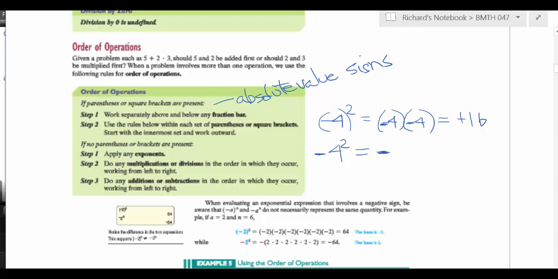And what's being squared is the base, the 4. The 4 is what's being operated on here. So the negative sign is just hanging out front, and the 4 is what's being squared. So this is going to be a minus 4 times 4, which is negative 16.